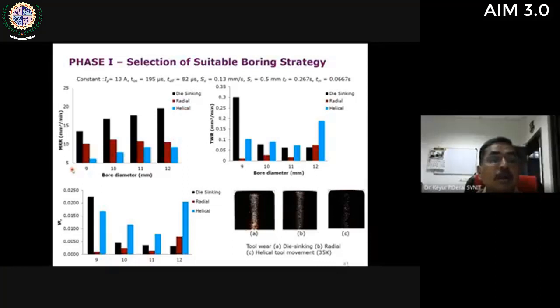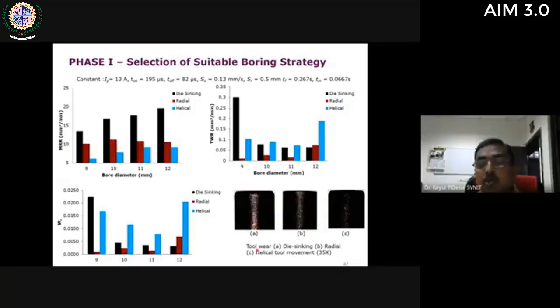It is evident that die sinking has given the highest MRR among all the three strategies studied, but at the same time, you see the tool wear. That is also on the higher side. Wear ratio is also very high for the boring when a current of 9 ampere is used.